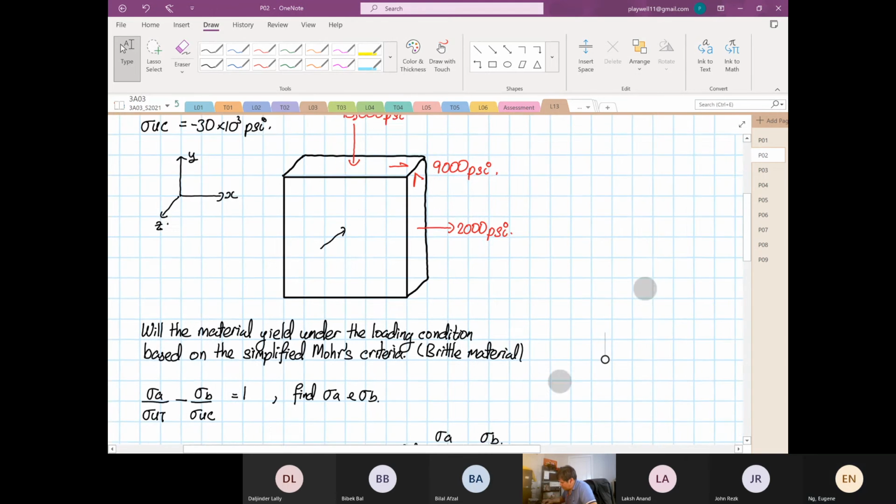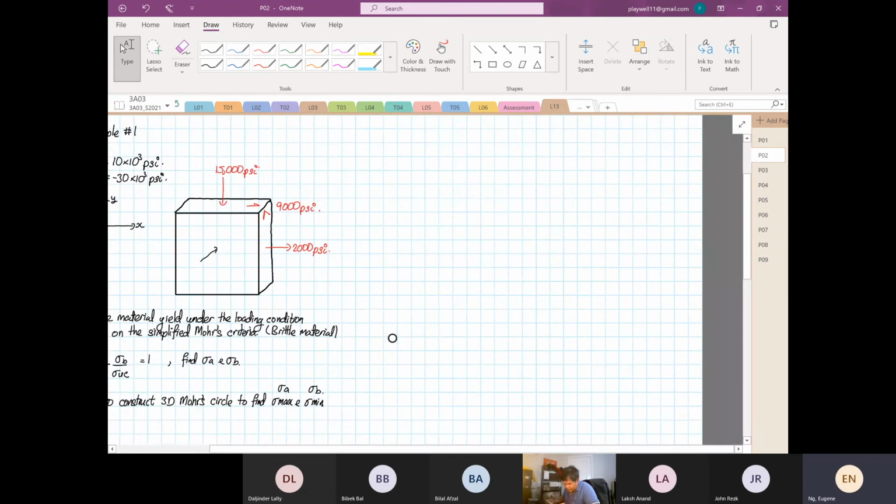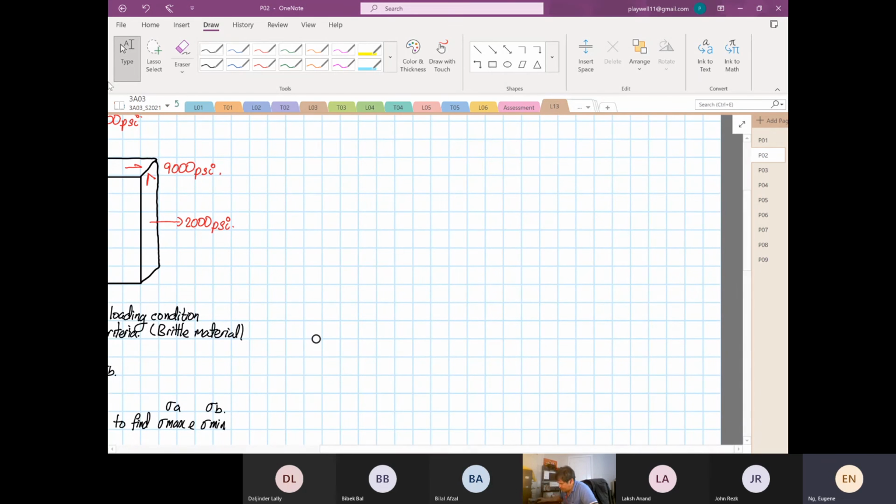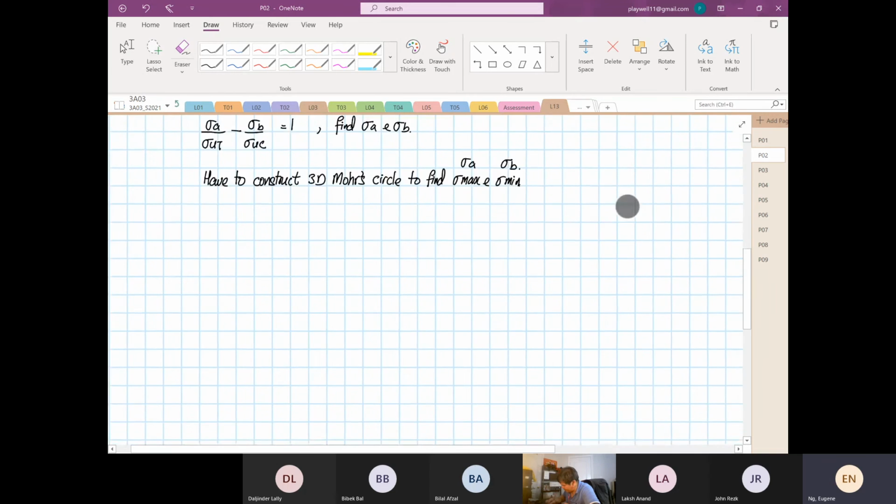Right. So we're going to construct the 3D Mohr circle. We're going to have minus 20, minus 8, 6, 4, 2, 0. I don't have enough space, sorry. I will draw it below, my apologies.